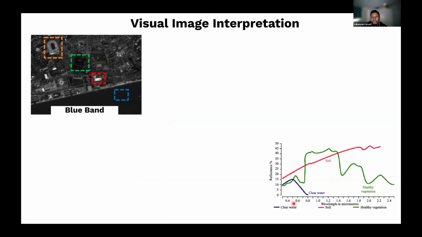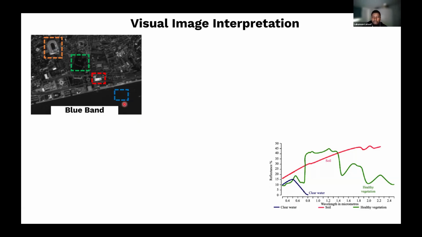So this is the visible part. This one is dark, and this is also dark, but their level of darkness is different. So maybe for now, let's assume we cannot yet distinguish between these 2 features, because both water and vegetation have lower reflection compared to soil.